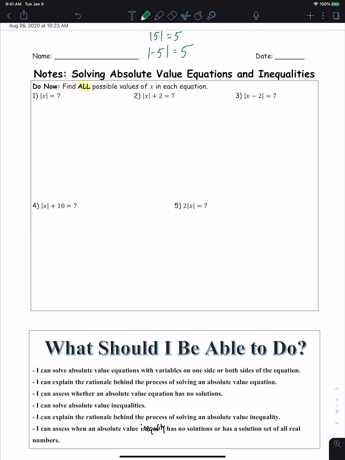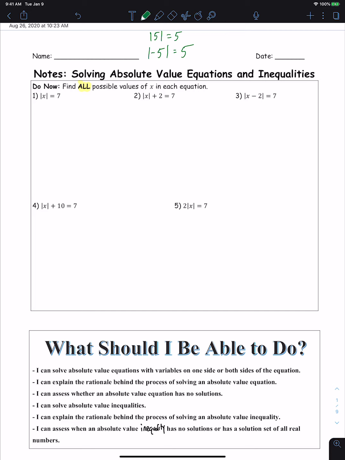Because absolute value turns whatever value is inside to be positive. That is because absolute value is the distance away from 0. And distance is always positive. It doesn't matter what direction you're walking in. You can walk 5 feet west or 5 feet east, 5 feet north, 5 feet south. It's always positive 5 feet.